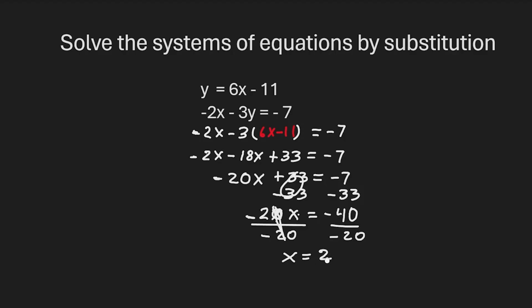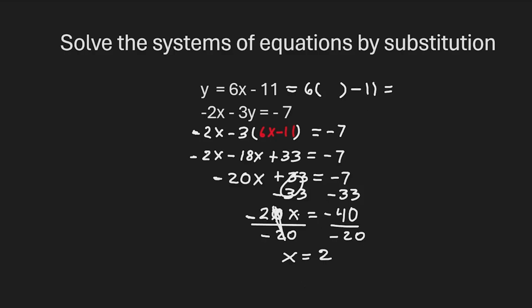Now that I have this answer, I'm going to do the substitution into this equation. I already have y equals 6 times x minus 11. I need to find also the value of y. So when I do the substitution, I'm going to write 6 times the value of x and then minus 11.